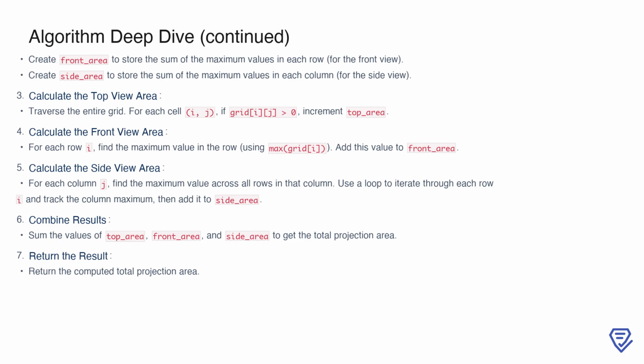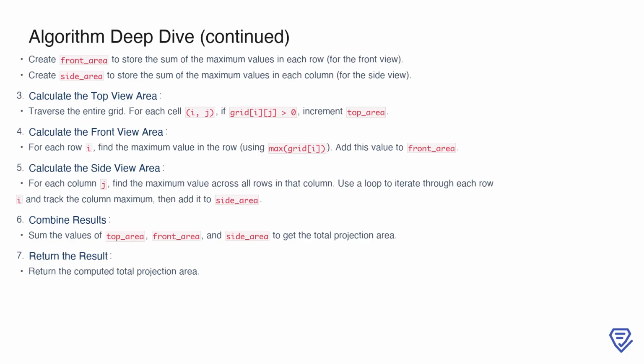The first step in the algorithm is to calculate the top view area. We traverse the entire grid, and for every cell that has a height greater than 0, we increment top_area. Next, we calculate the front view area by iterating through each row. For each row, we find the maximum height using Python's max function and add it to front_area.